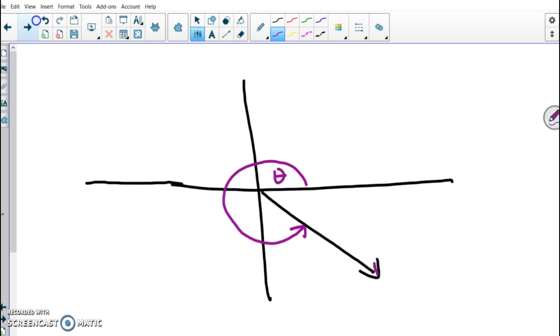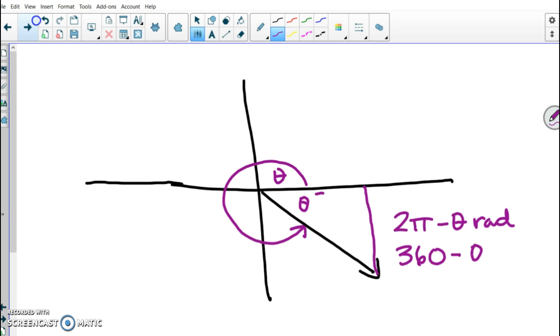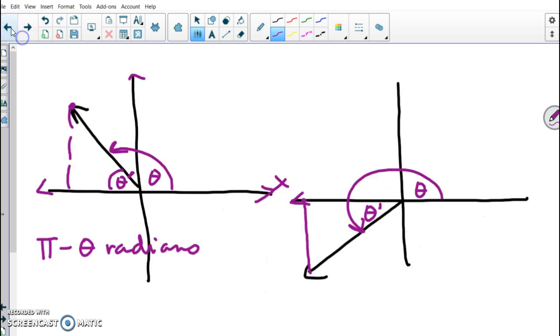When we drop that line to the horizontal axis, we are creating that angle theta prime. And theta prime in this case is 2 pi minus theta radians, and in degrees it is 360 minus theta degrees.